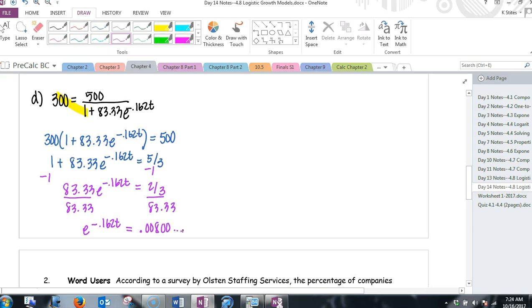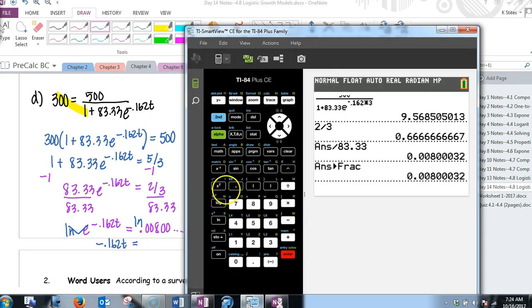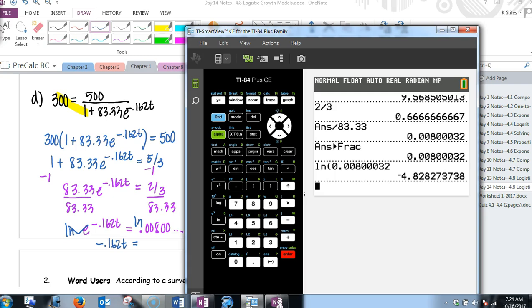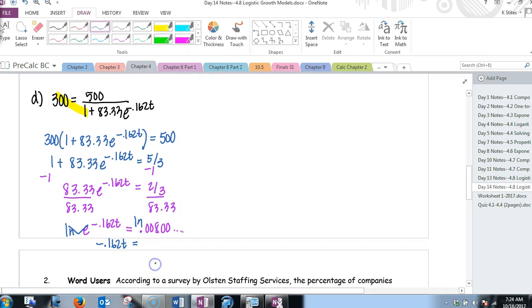And then we will natural log both sides. I am running out of room. So I have the natural log of this. That's negative 4.828.